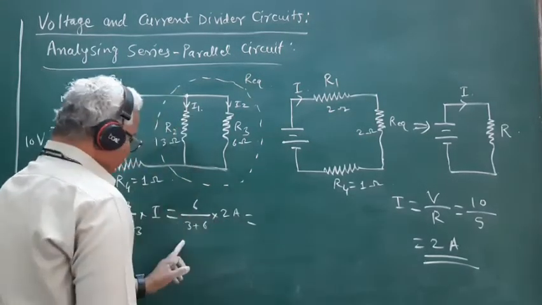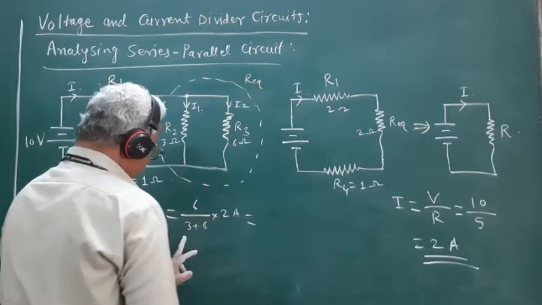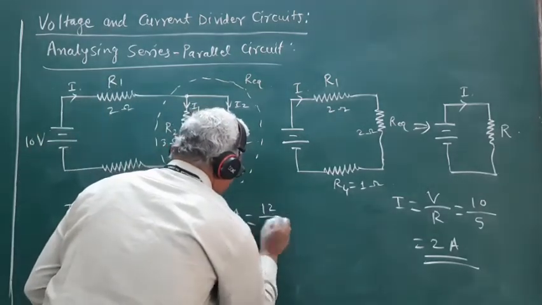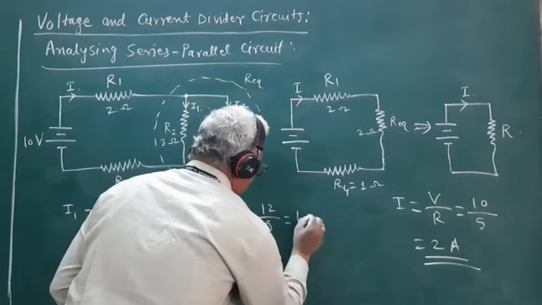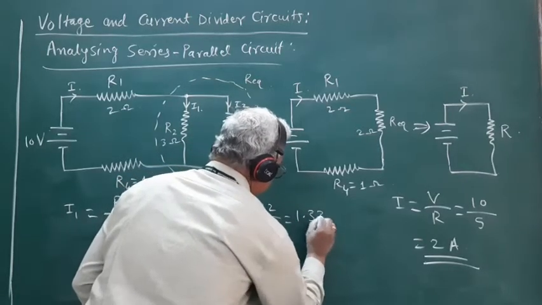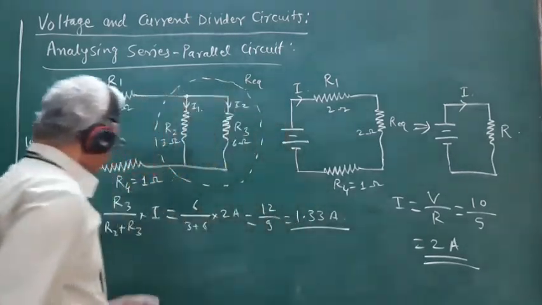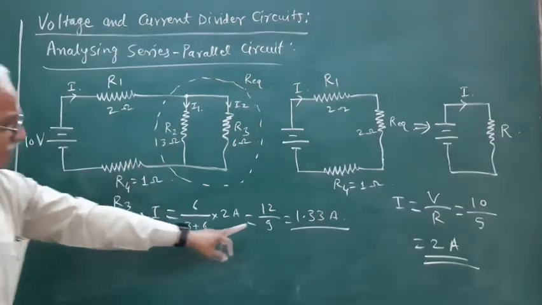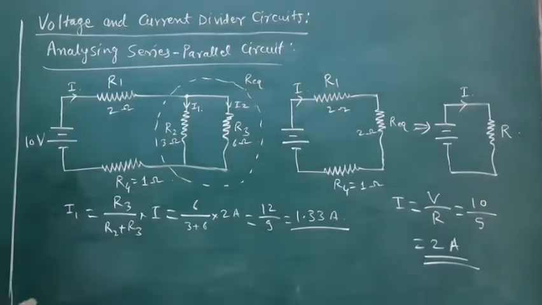So this is equal to 6 into 2 is 12, 12 divided by 9. So this is 1.33 ampere. The current flowing through the resistance R2 is 1.33 ampere.